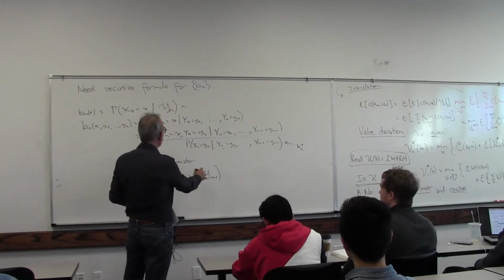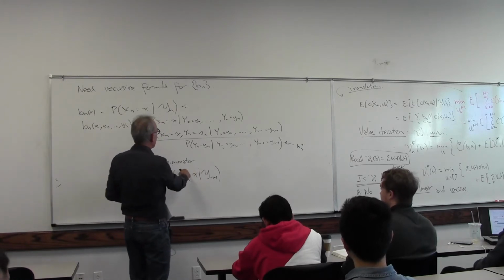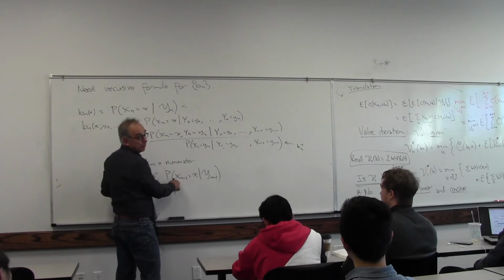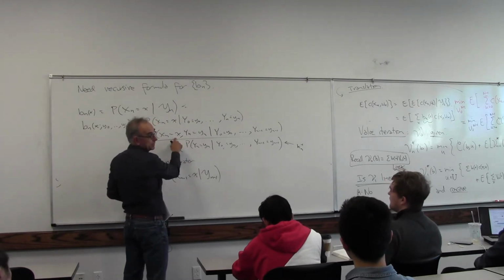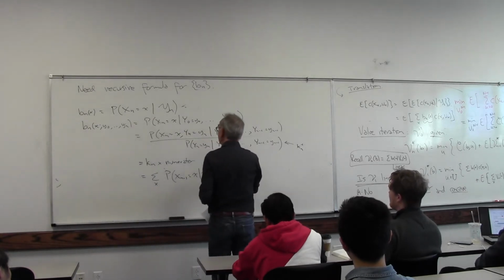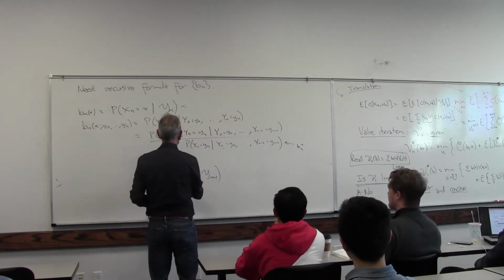Sum over all x. I'm looking at where the states could be at time n minus 1 times the probability that this thing happens, right? Times the probability of going from, I shouldn't have an x there.